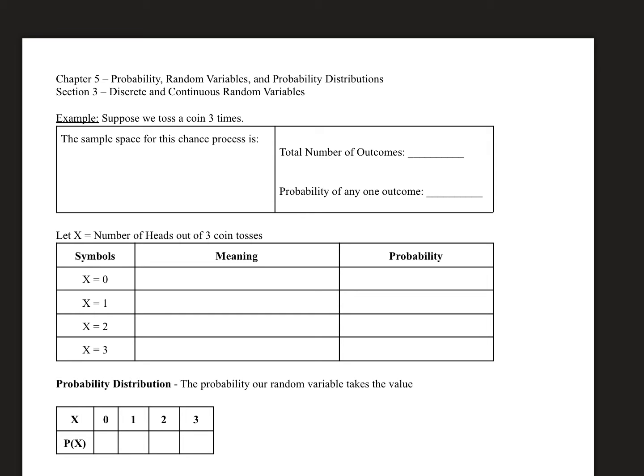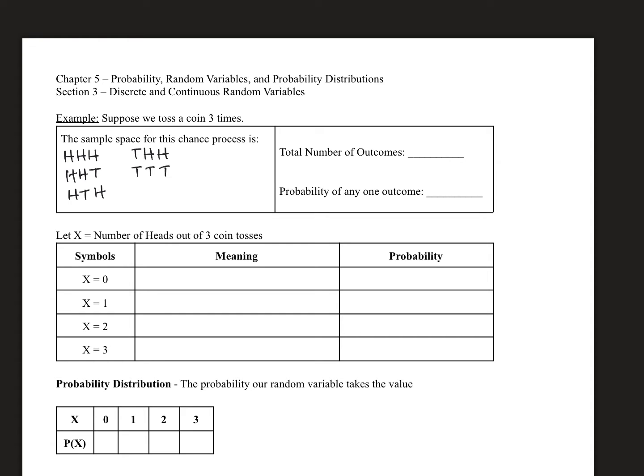So there are a lot of different outcomes. First outcome is 3 heads. We could get then 2 heads and a tails. Heads, tails, heads. Tails, heads, heads.